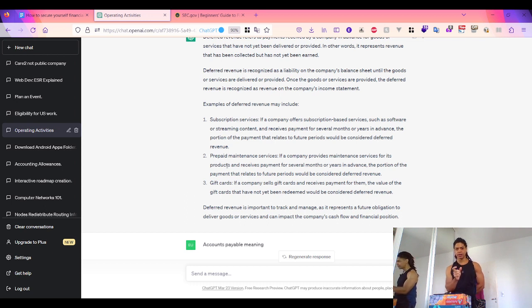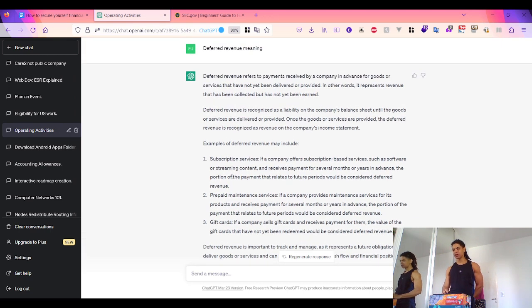And deferred revenue is payments that a company has collected in advance for goods or services that have not yet been delivered.